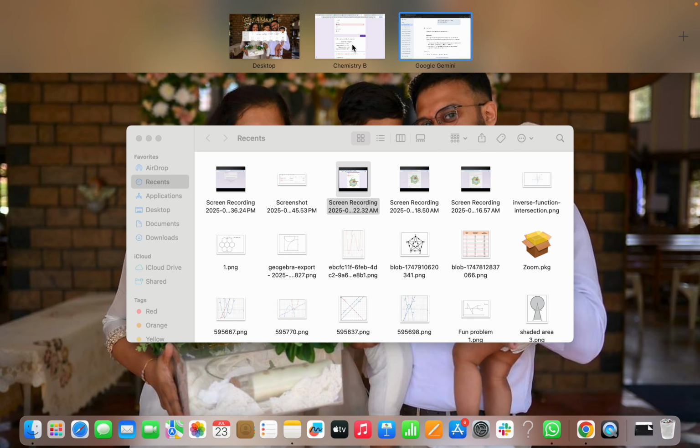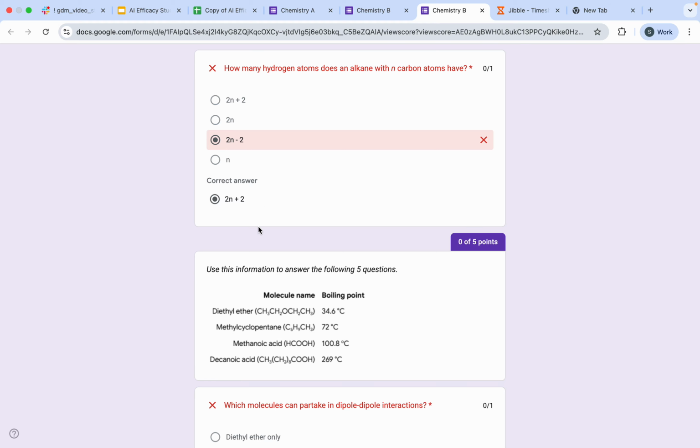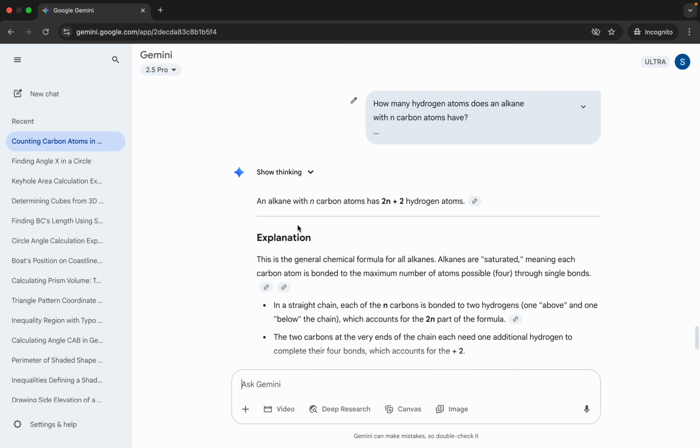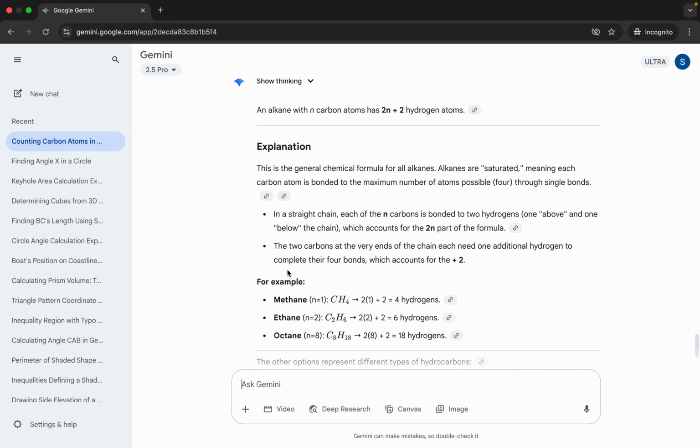It is 2n plus 2. Yes, 2n plus 2 is the right answer. Let's check the explanation.